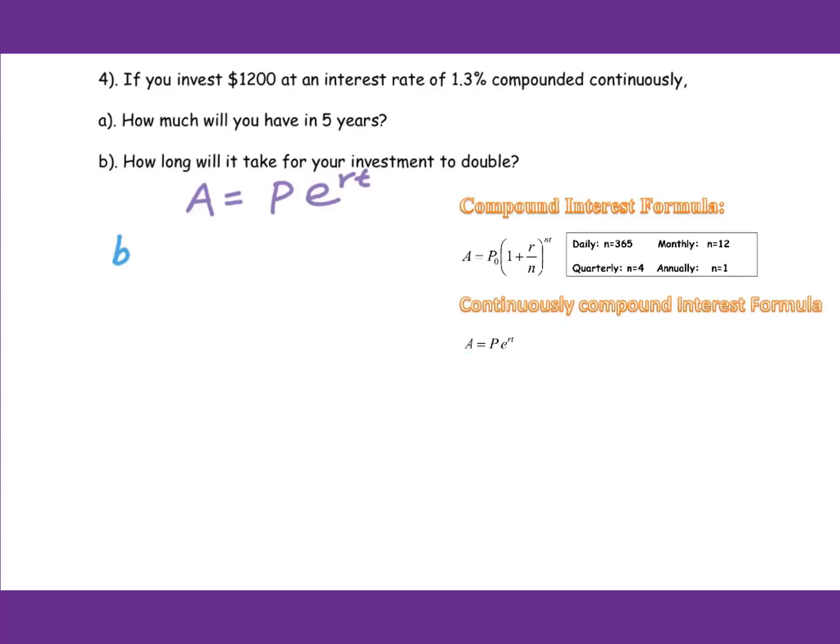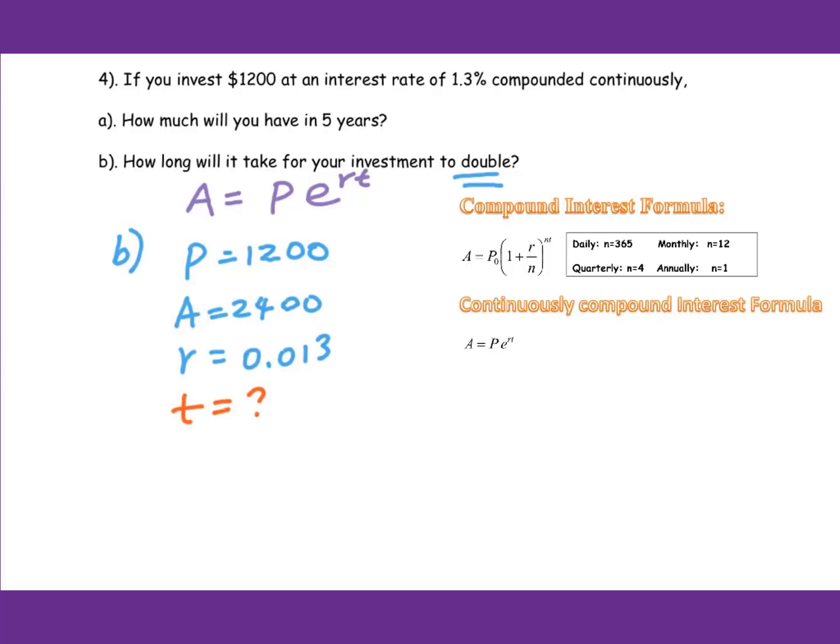Now let's go to B. We are given P equals 1,200 and A equals 2,400, to double. And R equals 0.013. We are looking for T.